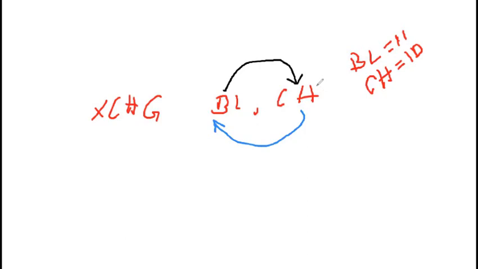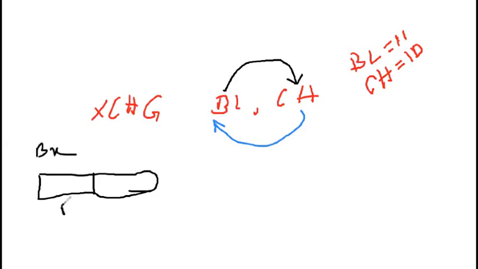That's the exchange. Now we have two registers. One is BX, and BX has BH and BL.